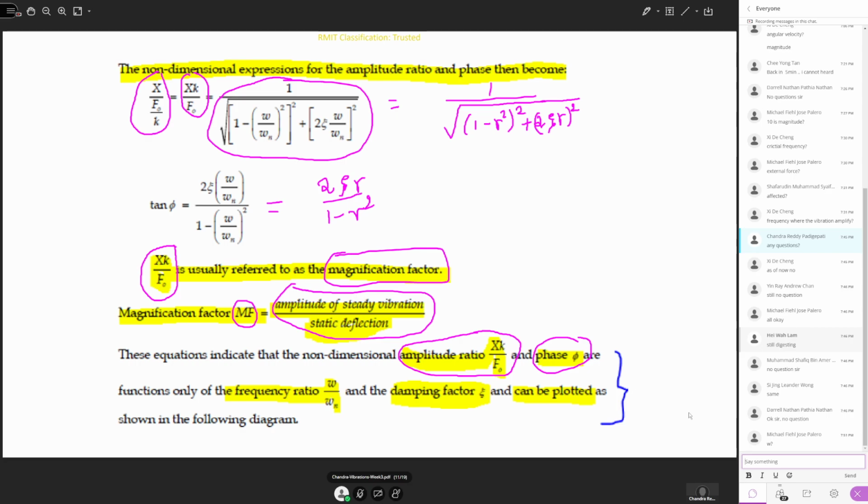Here we defined the magnification factor, and we got the expression for the magnification factor, and also the expression for the phase phi. We know the ratio omega over omega n, we call it the frequency ratio R, and eta is the damping factor.